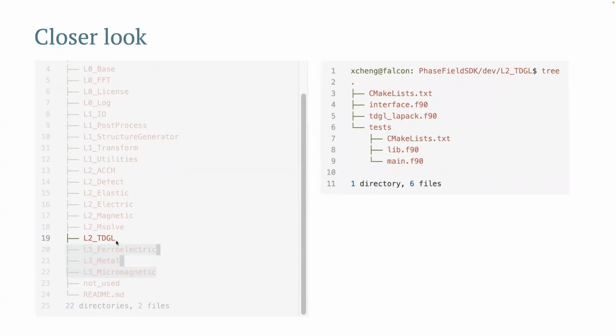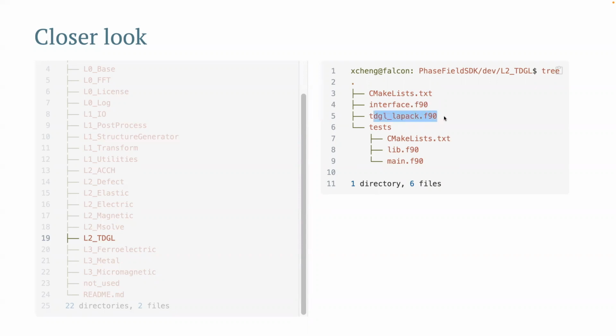So let's take a look into one of the modules. Let's just use TDGL one as an example. And within this module, you can see the folder structure is like this. And actually all of the modules have a similar folder structure. So you have a file for the build system, and you can ignore it for now. And then we have this interface file, which defines what subroutines and what types are exposed to external users.